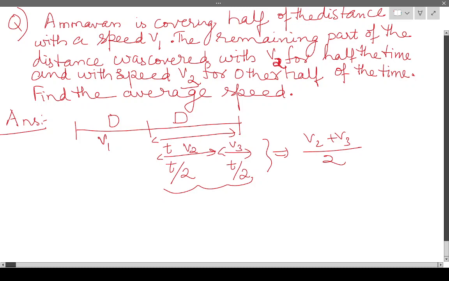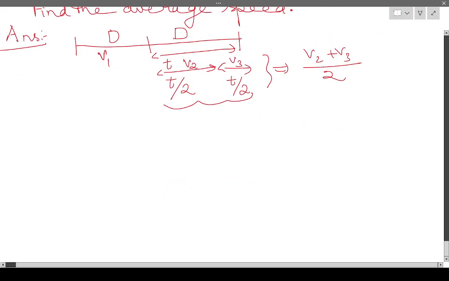So next part, it is going to be first equal distance, this is d, this is also d, with a speed v1, and this is going to be v2 plus v3 by 2. Now find the average speed.